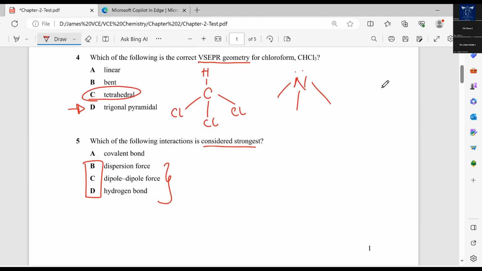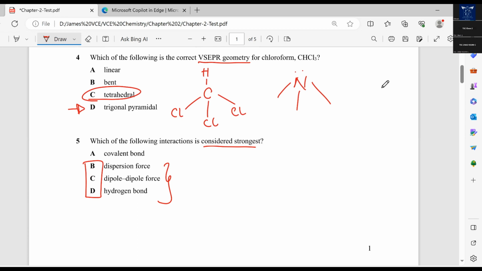Because if you look at a structure like diamond, the covalent bond in diamond is much stronger than any other bond, whether it's dispersion force, dipole attraction or even hydrogen bond. Because for hydrogen bond, the melting and boiling point is at most 100, as you can see with water, which has hydrogen bonding.